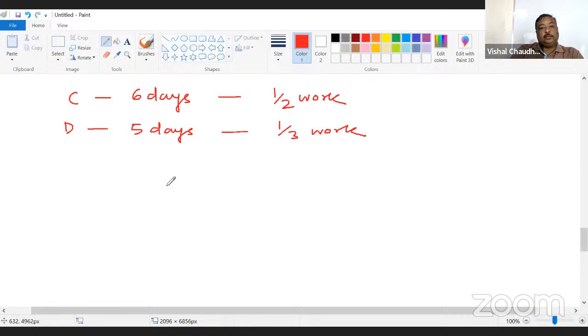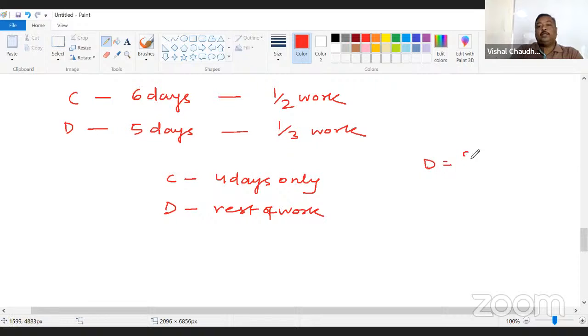If they both take turns to complete, C works 4 days only, and D completes the rest of the work. So how many days will D take to finish the job?